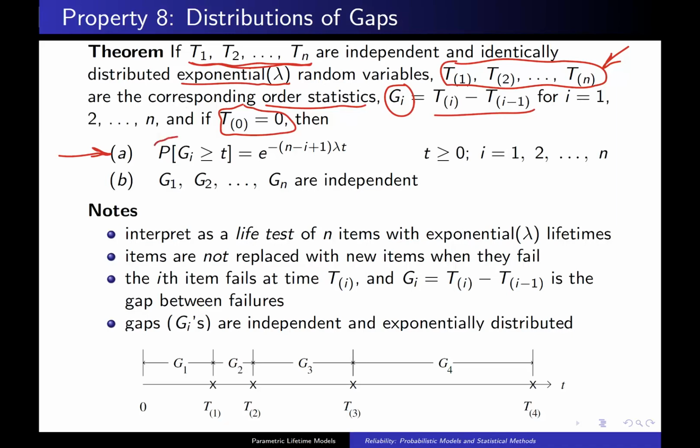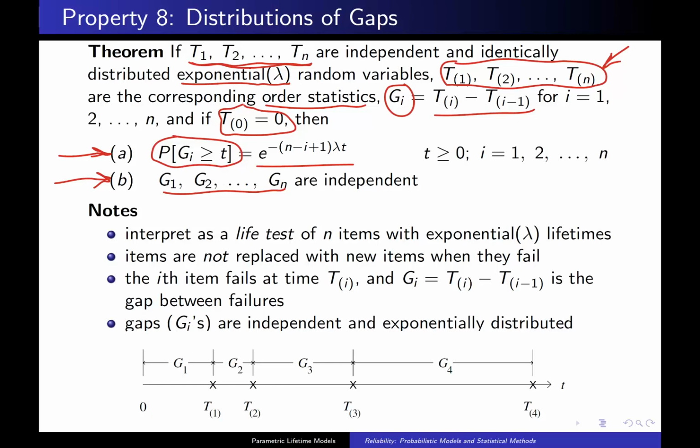You'll recognize this left-hand side as a survivor function, and you'll notice that this right-hand side is e raised to the negative constant times t. Well, that says that you have exponentially distributed gaps. Finally, the second piece of the result here says these gaps are mutually independent random variables.